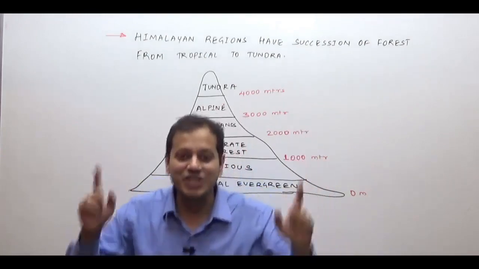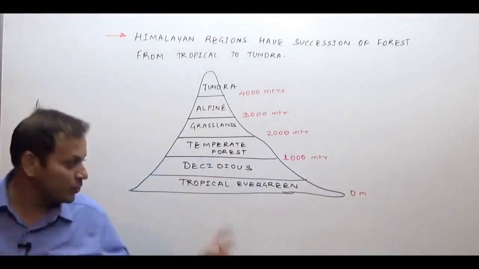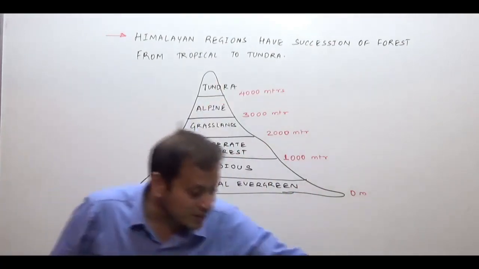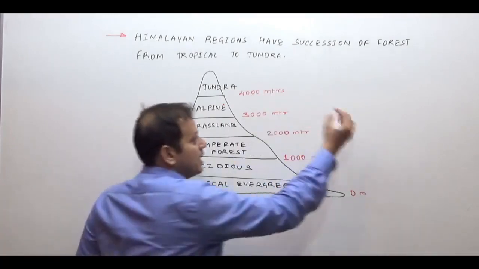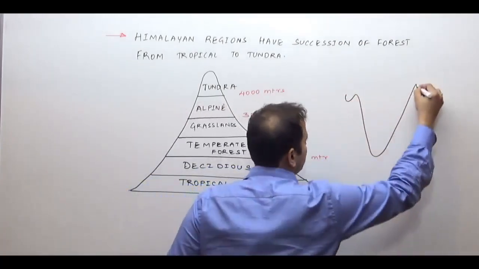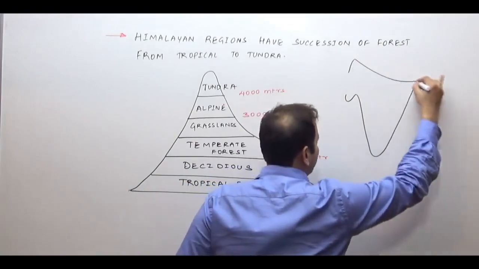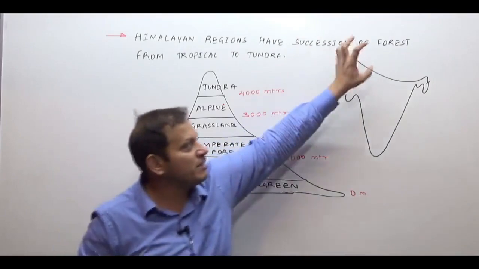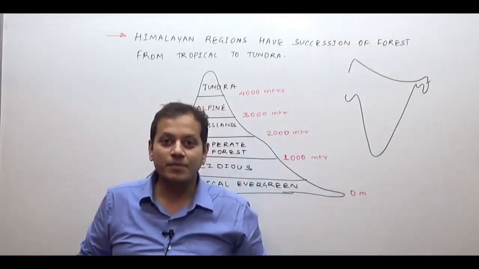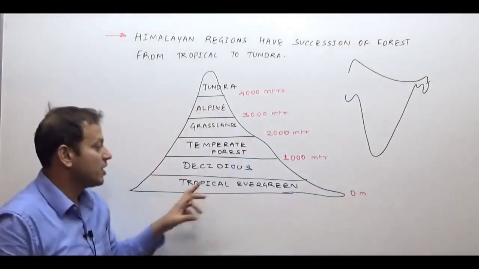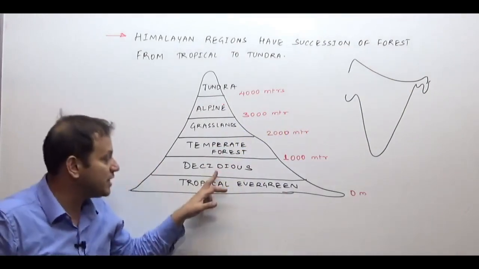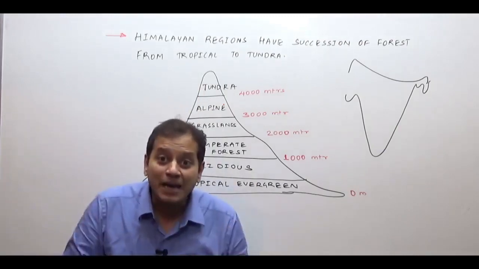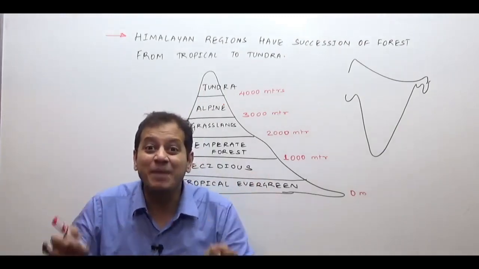But this generalized statement, from tropical evergreen to tundra, will apply to which Himalayas? The eastern Himalayas or the western Himalayas? For that you should understand the rainfall pattern in India. Which part of India gets heavy rainfall, the western Himalayas or the eastern Himalayas? Remember, the eastern Himalayas. So tropical evergreen forest to deciduous to temperate to grasslands to alpine to tundra will apply only to the eastern Himalayas.